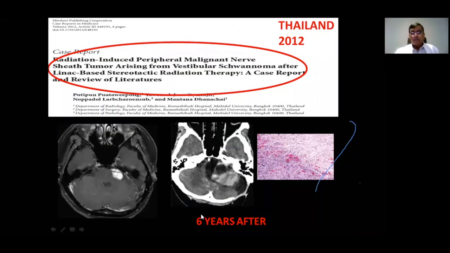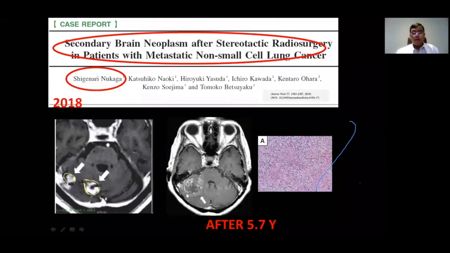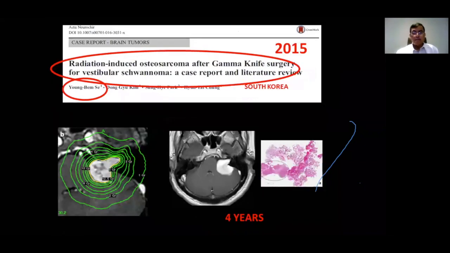Tumor 6 years after gamma knife turns malignant. This is from Thailand. Vestibular schwannoma malignant transformation 6 years after gamma knife. 5.7 years after gamma knife. From Japan. From South Korea, the same, treated with gamma knife, recurred, and 4 years later, excised and was malignant.